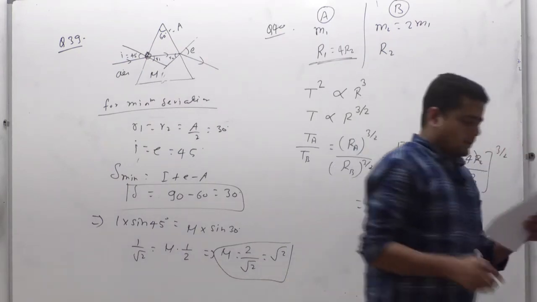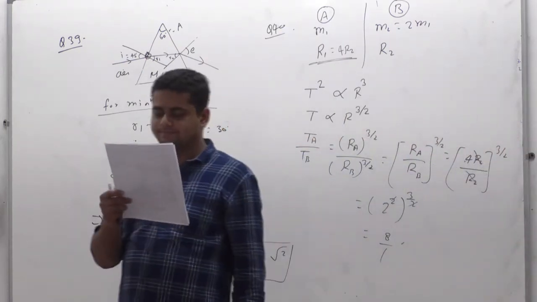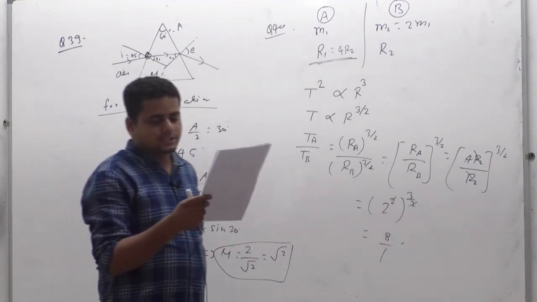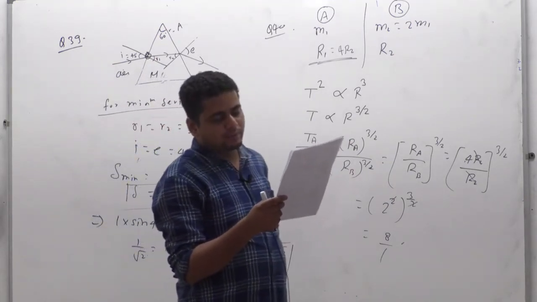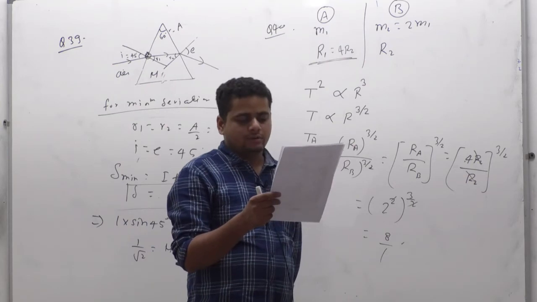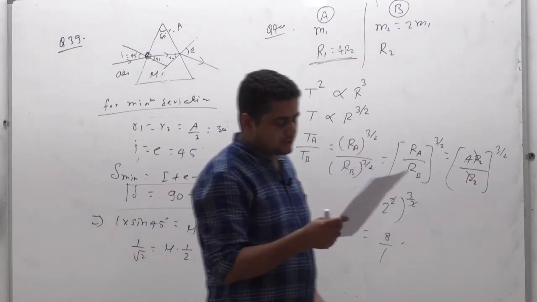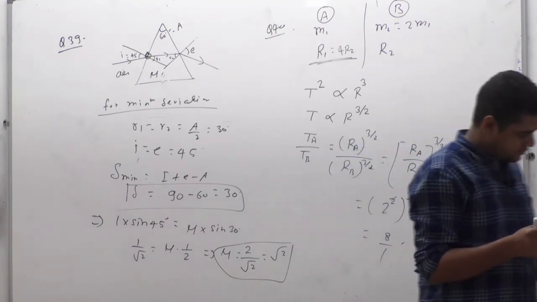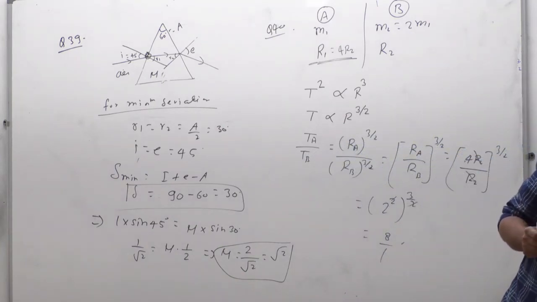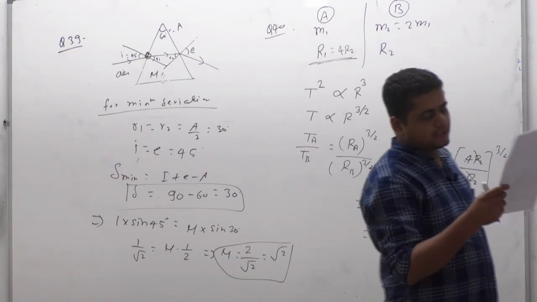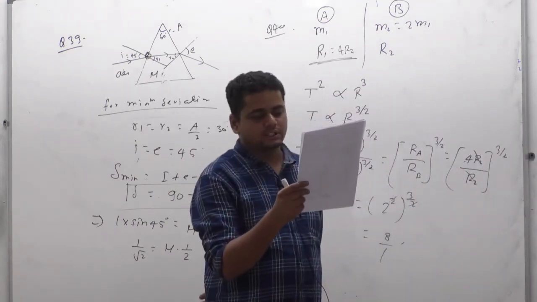Next question is 41. Out of the following options, which one can be used to produce a propagating electromagnetic wave? First option, a charge moving with a constant velocity. Second option, a stationary charge. Third option, a chargeless particle. And fourth is an accelerating charge.